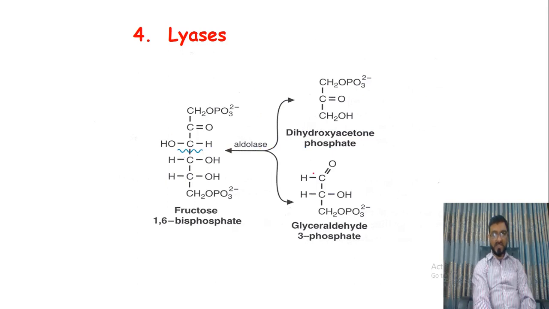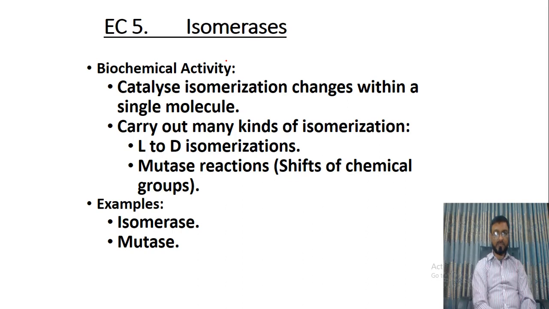This reaction is taken from the glycolysis process. Fructose 1,6 bisphosphate breaks down in the middle without water, converting into dihydroxyacetone phosphate and glyceraldehyde 3-phosphate. The enzyme is aldolase, and surely this enzyme belongs to the class of the lyases.